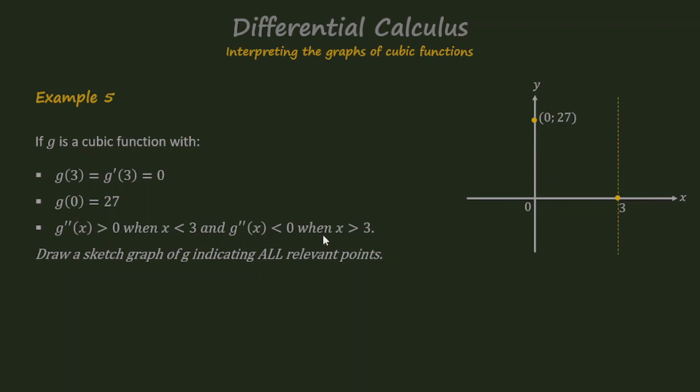And when x is greater than 3, in this region, the graph is concave down. We can join this to show how the graph looks. It is concave up when x is less than 3, and it is concave down when x is greater than 3. So this is the graph of g that we were required to draw.